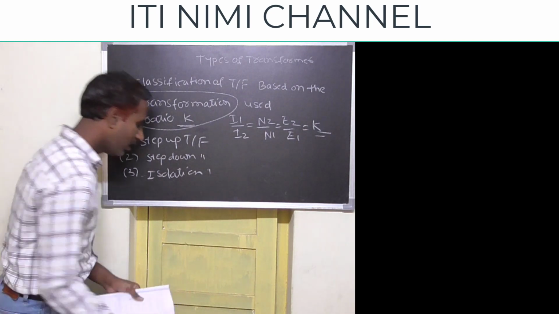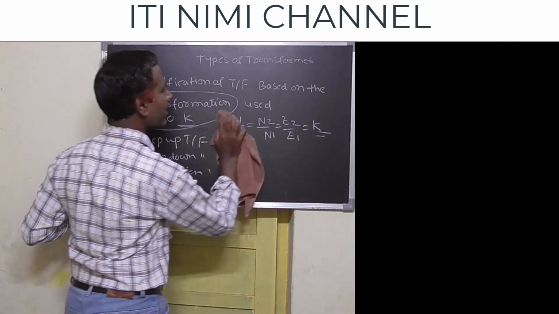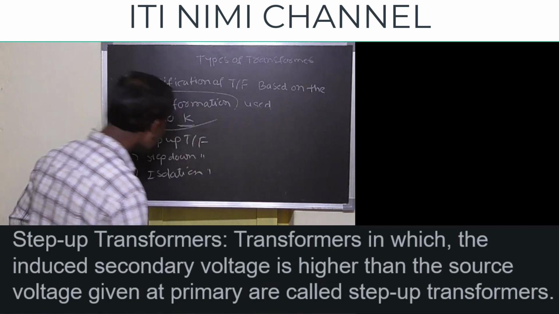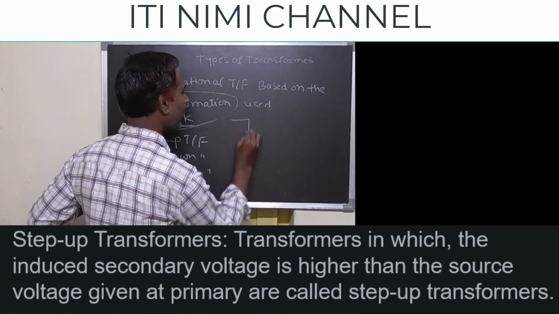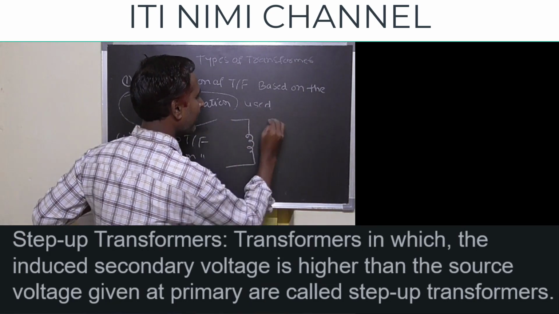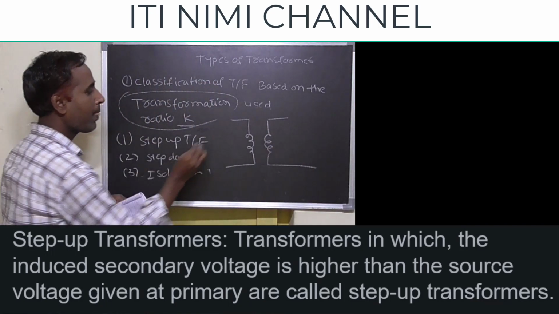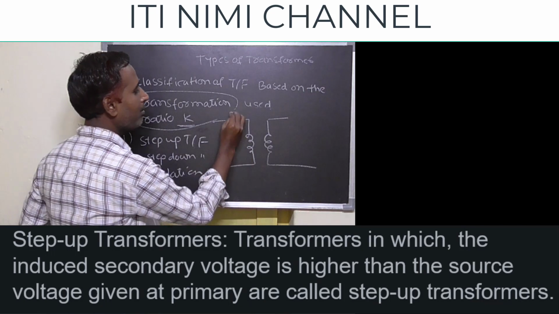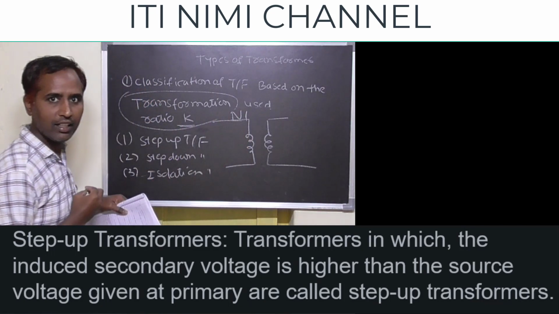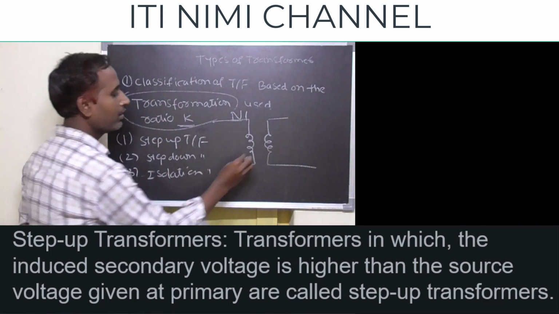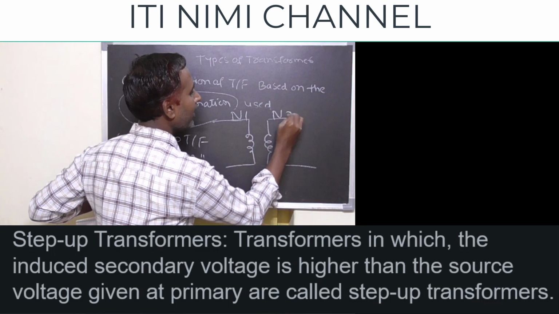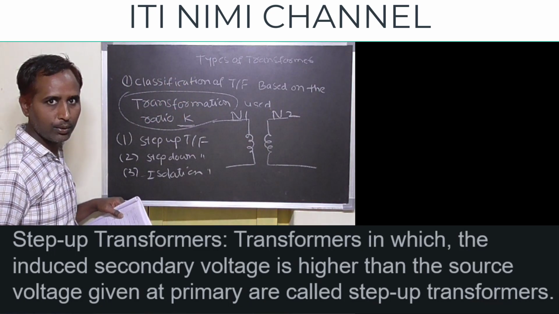Let us explain what is step up transformer and step down transformer. Already we know that suppose this is the primary winding and this is the secondary winding. The number of turns in the primary winding we say N1. The number of turns on the secondary winding we say N2.